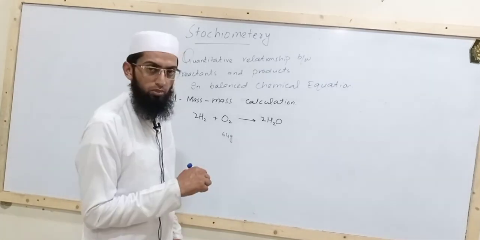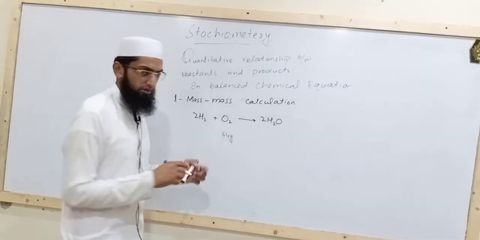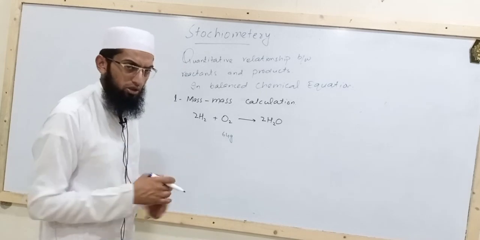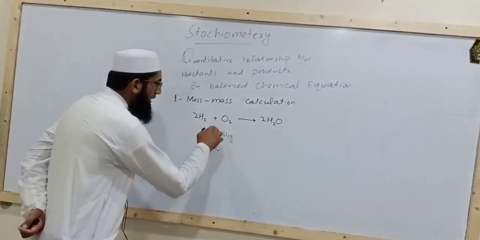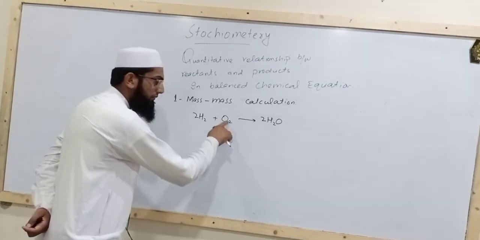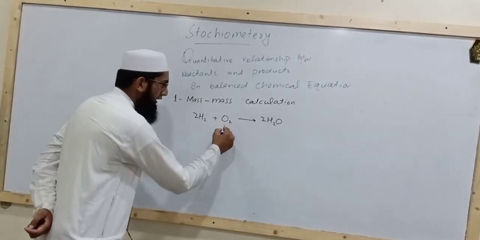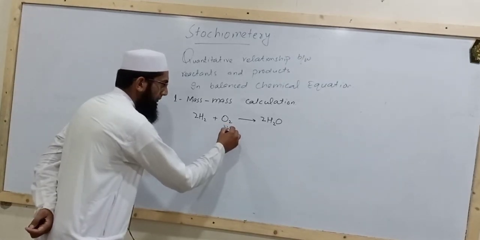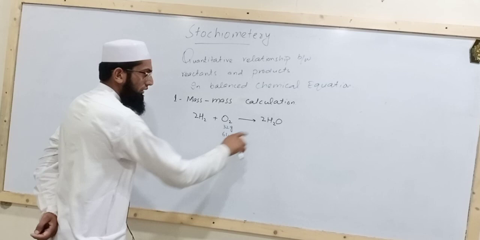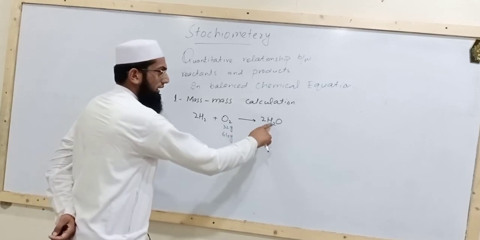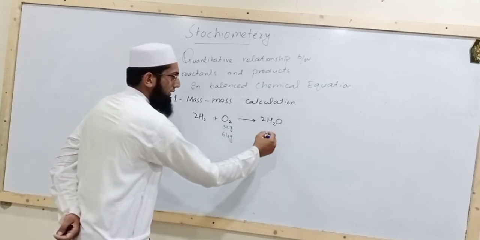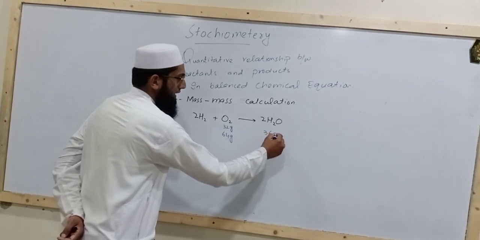So this will be the mass to mass ratio method. We know oxygen has 16 mass, and for 2 atoms it will be 32 gram. We know water has 18, and for 2 it will have 36 gram.